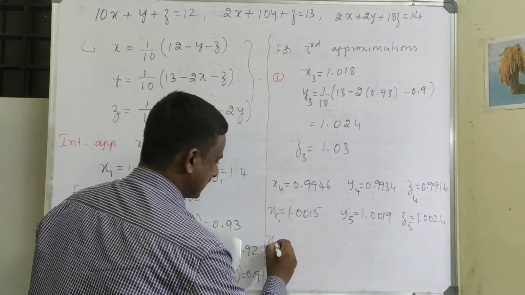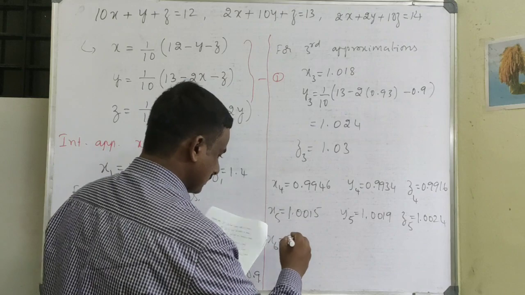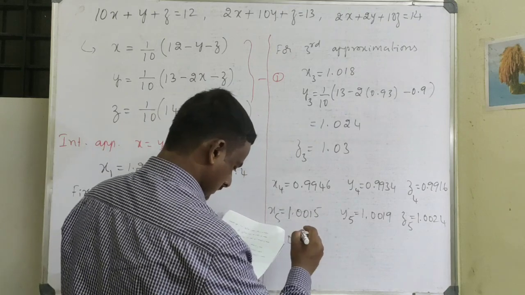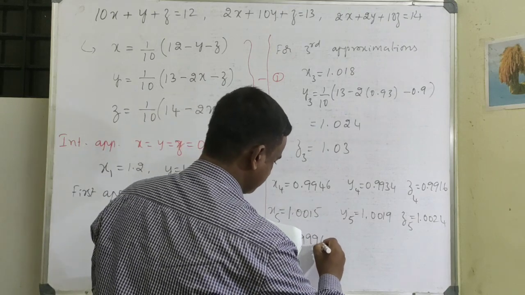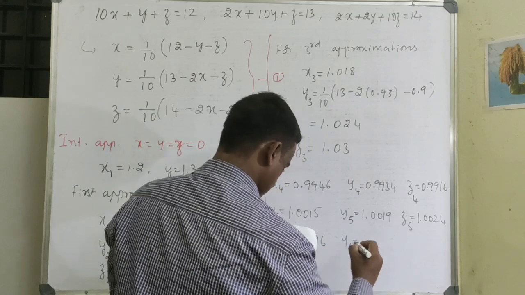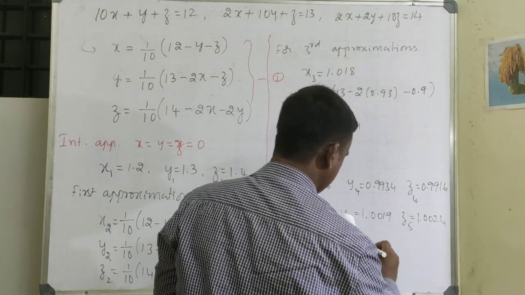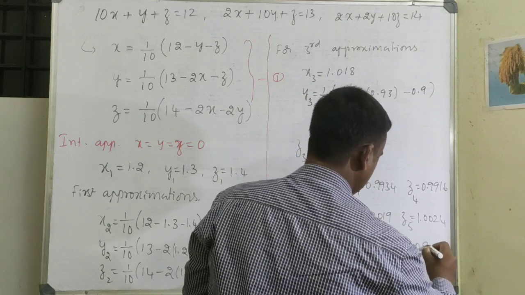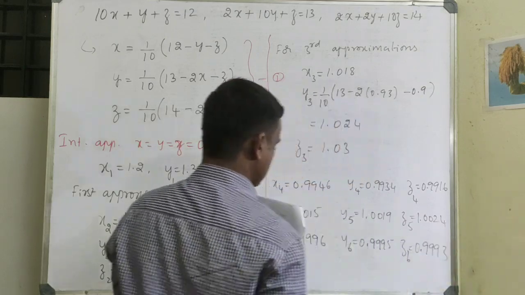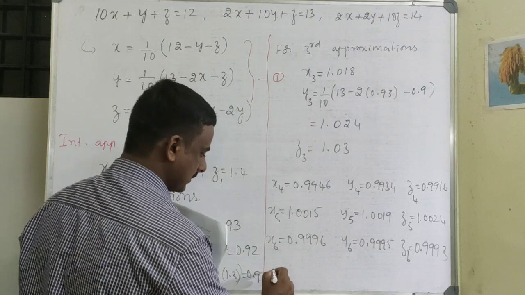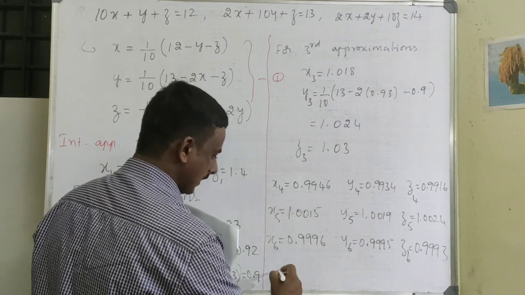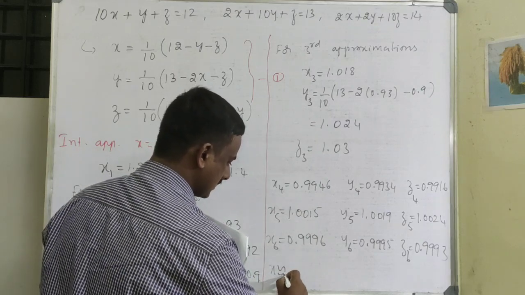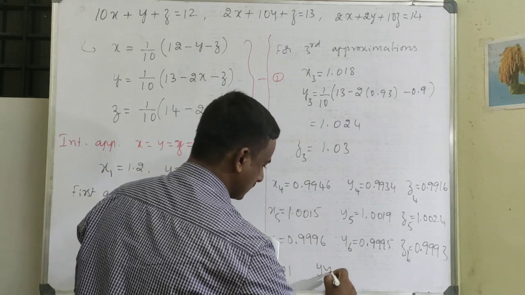Next x6 0.996, y6 0.995, z6 0.993. So if you continue in this way, approximately you get the values x closer to 1, y closer to 1, z closer to 1.